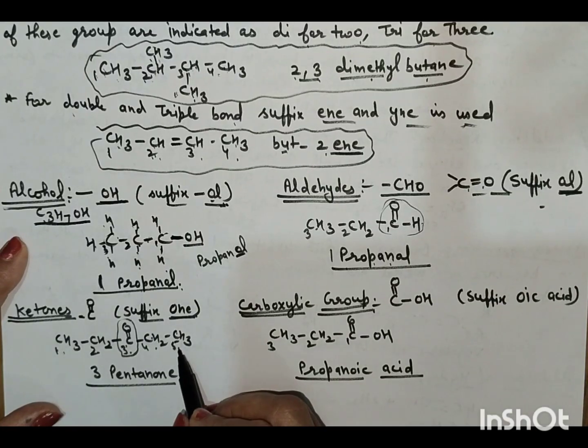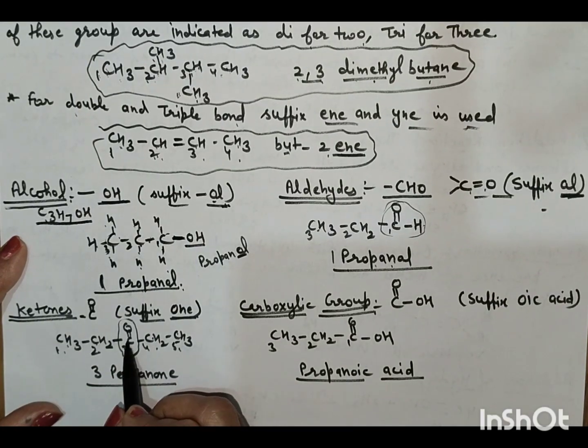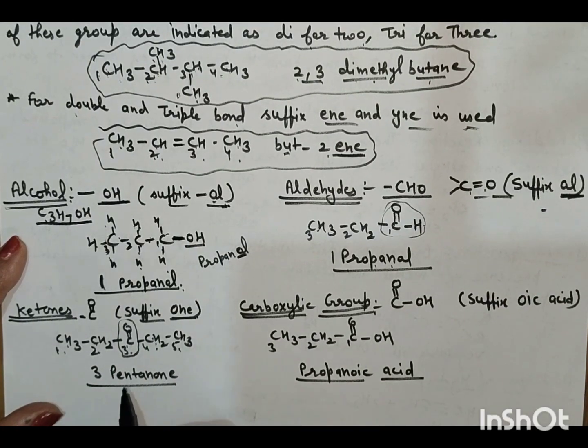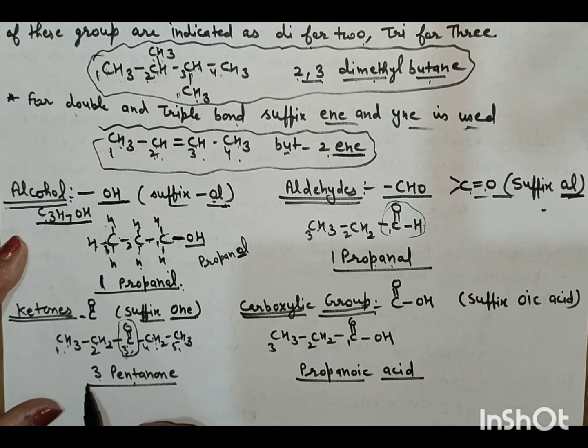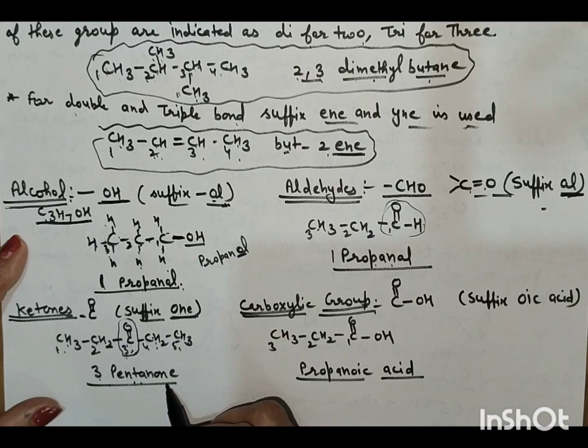And the longest chain is 5. Methane, ethane, propane, butane, pentane. Now write down pentane, and at the third position there is the functional group, 3-pentane. Replace E with ONE, 3-pentanone.